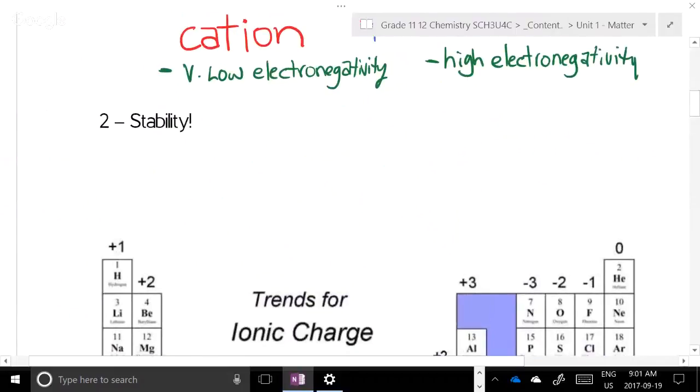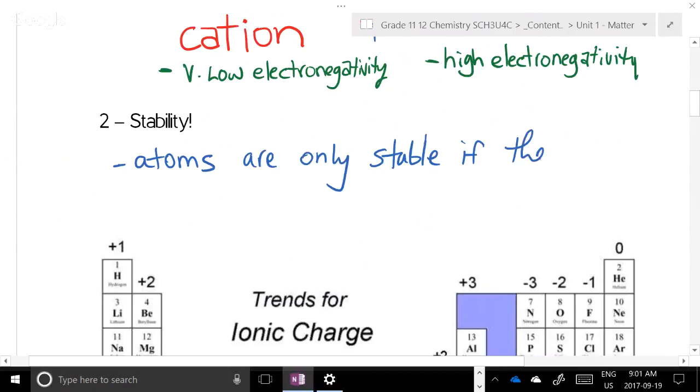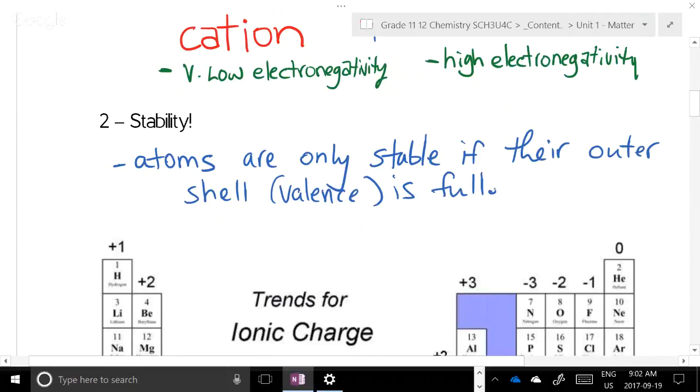So, stability. We've already talked about this, but atoms are only stable if their outer shell, which of course we call what again? Yeah, the valence, is full.